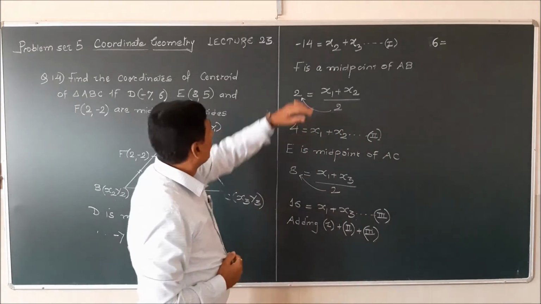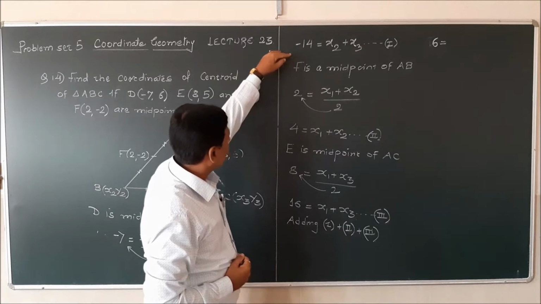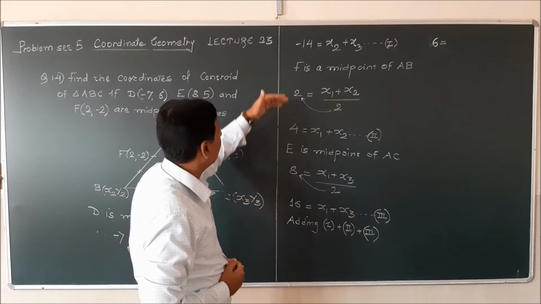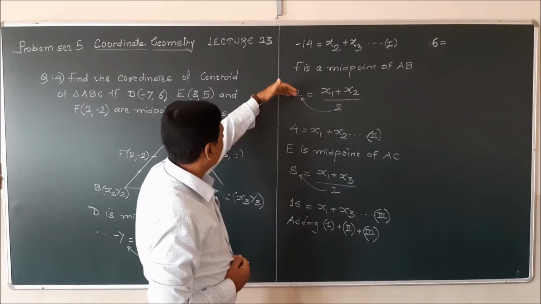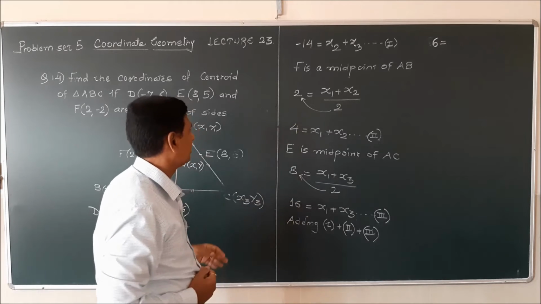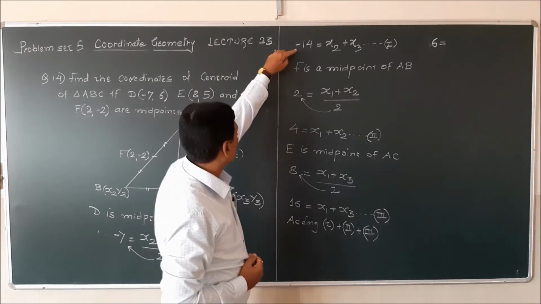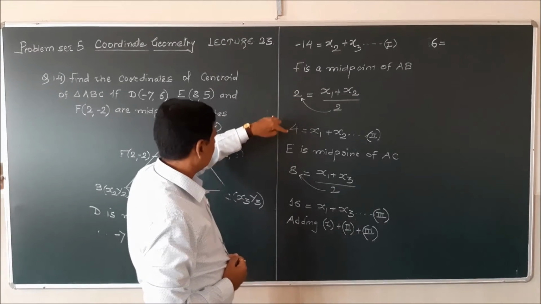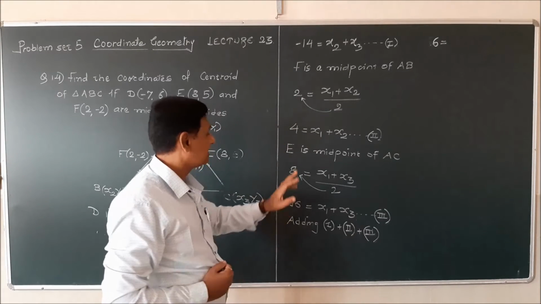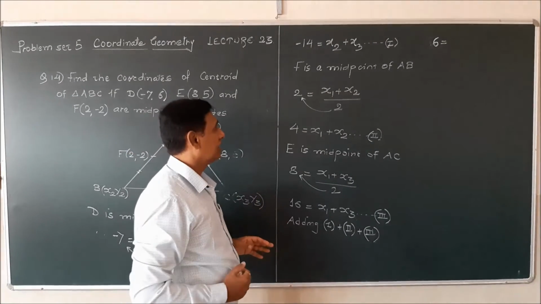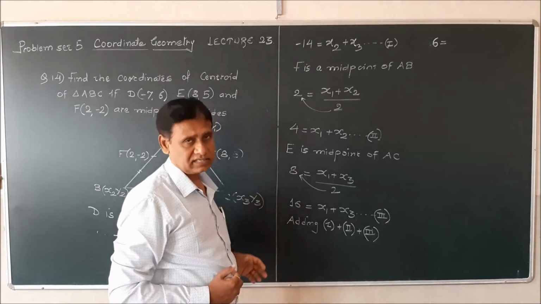Is that clear? Anyway, you can do it the other way: minus 14 plus 4 gives minus 10, and plus 16 will give you 6. So this way the left hand side I got as 6.